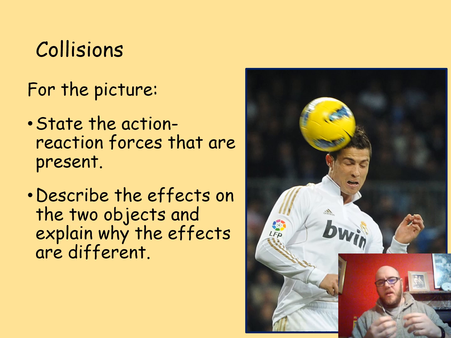So he's using the collision to his advantage, and obviously I'm being silly, but no, football really isn't my sport. But could you please try and state the action-reaction forces that are present here? And then describe the effects on the two objects and explain why they're different.